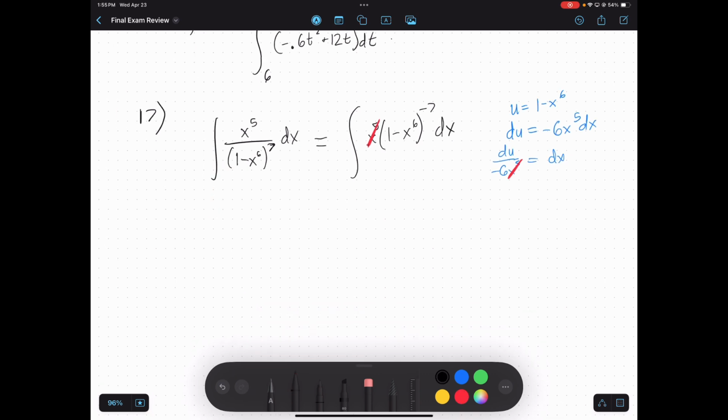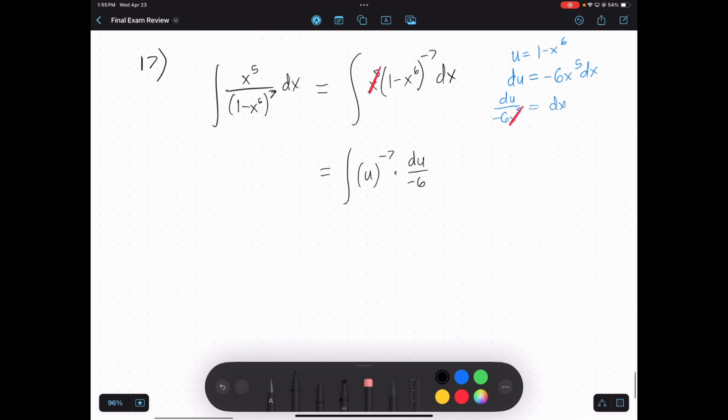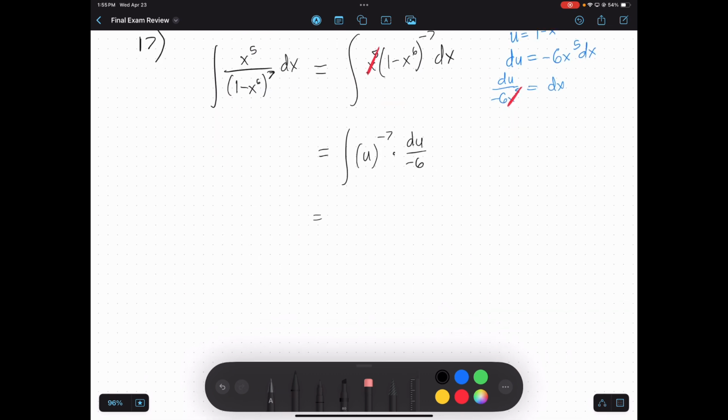So what am I left with when I'm done? I'm left with this integral of u to the negative 7th times du over negative 6. And what can I do with that negative 6? It's a constant, so I can just pull it completely in front of my integral.